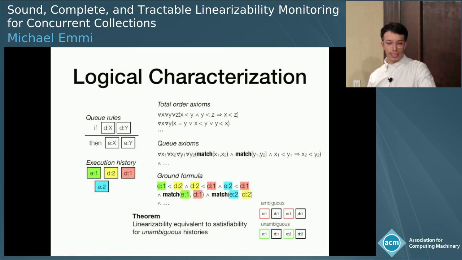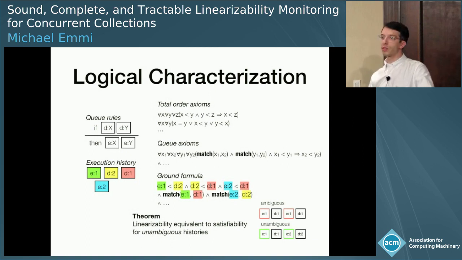The theorem that we give here is that in this logical characterization, linearizability is equivalent to satisfiability of this logical characterization for unambiguous histories. Now I have to go into a caveat here, because this isn't true in general, and we have to consider what an unambiguous history is. Now, this is specifically defined in terms of collections, which have operations which do adding and removing of elements.